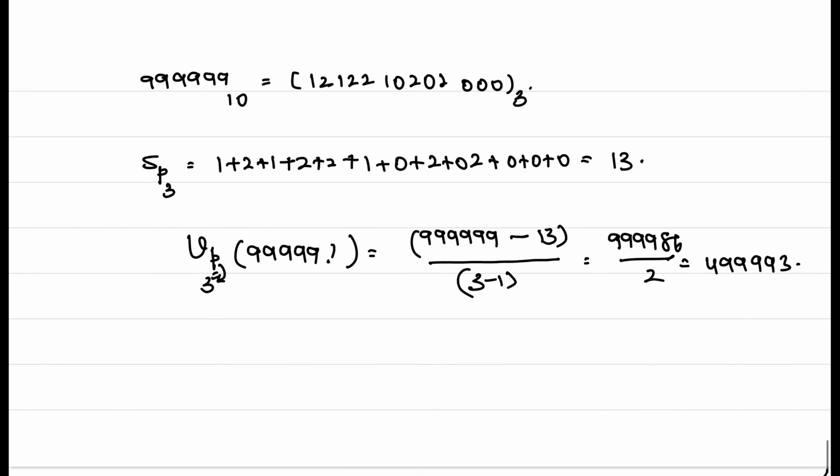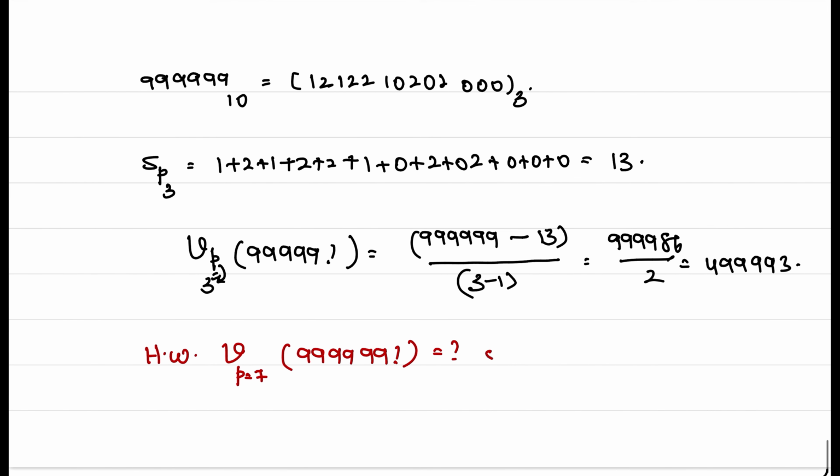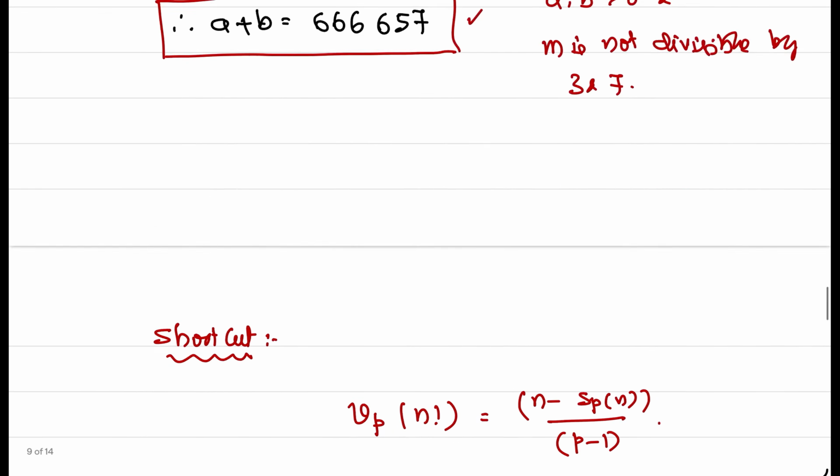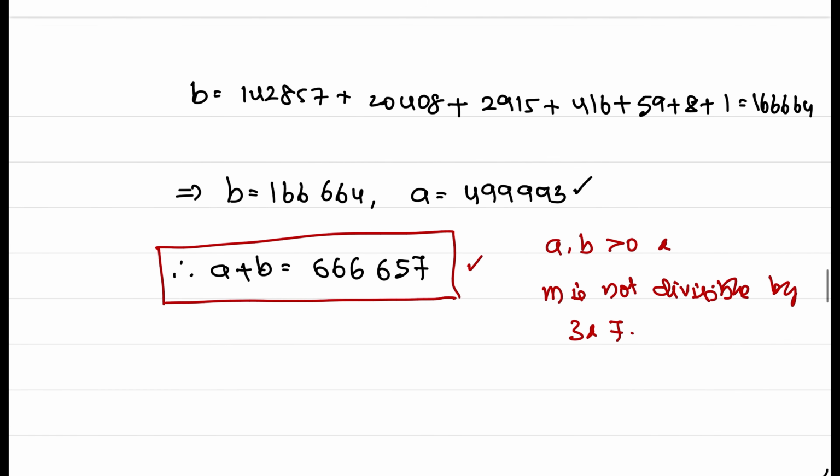Similarly, as a homework, find out Vp when P is equal to 7, 999999 factorial is equal to how much in above method. First method I have explained, this is the shortcut method, and cross check that B is equal to 166,664.